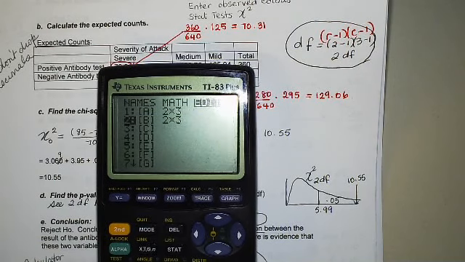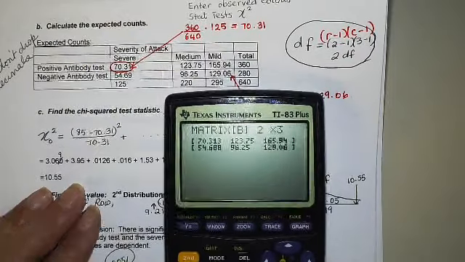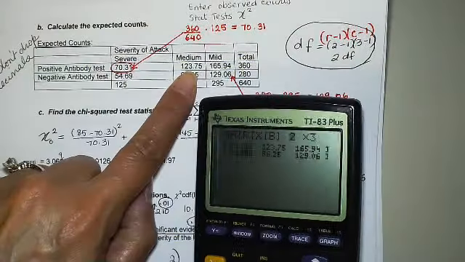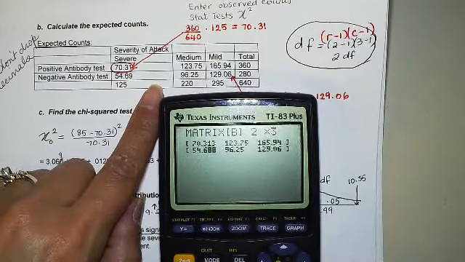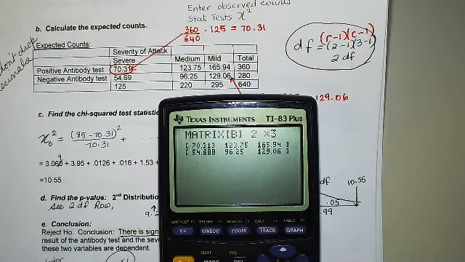And interestingly enough, if you go to second matrix, edit B, it'll give you the whole expectation matrix. Second matrix, edit B. Here's my expectation matrix.